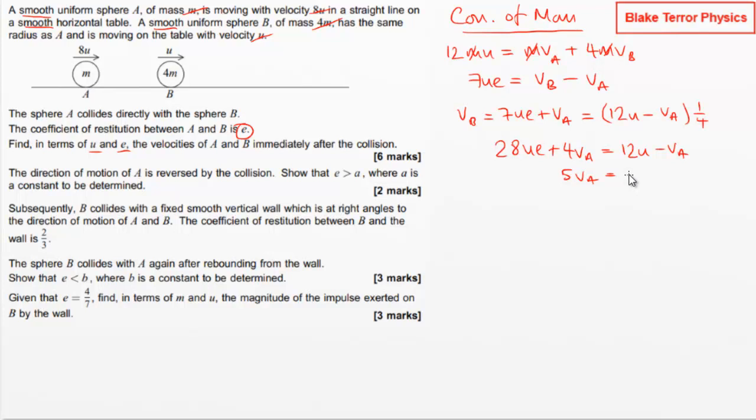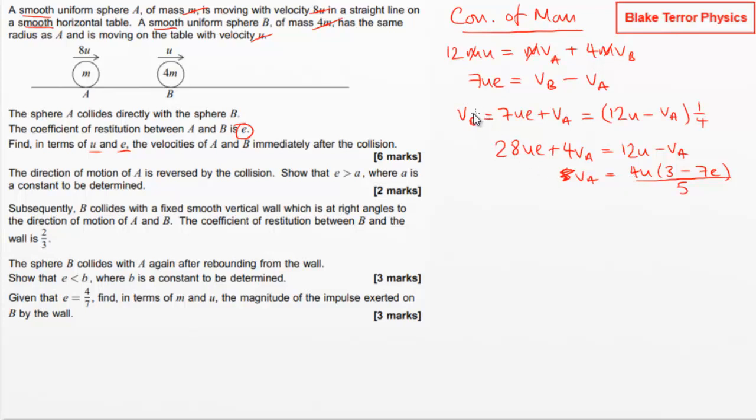So what factor have we got in all of those? Well, let's pull a 4 out. So 4U times (3 minus 7E), all divided by 5 at the end, just to save some space, is giving us VA. So that's given us our VA.